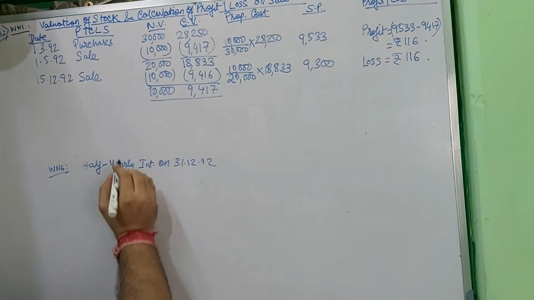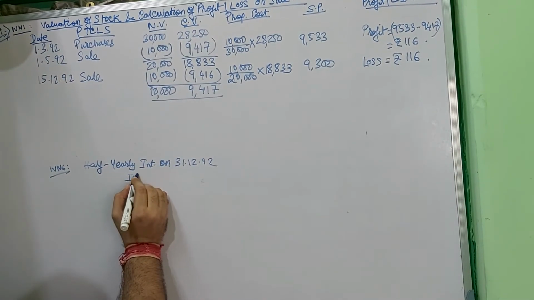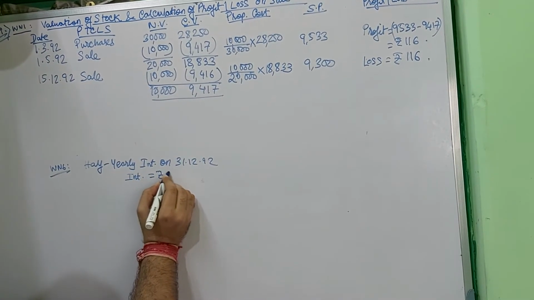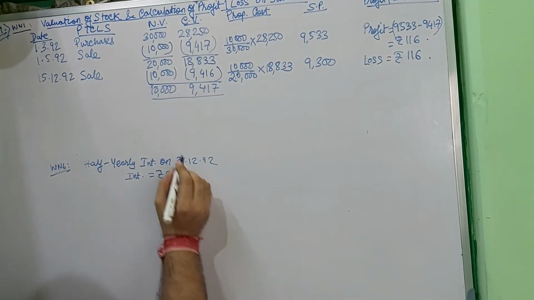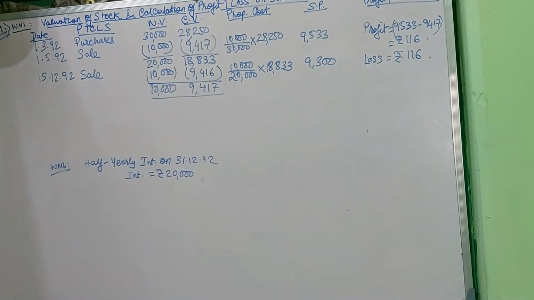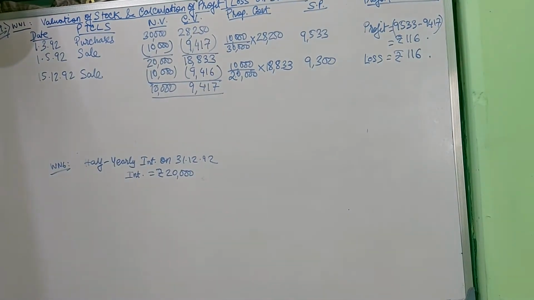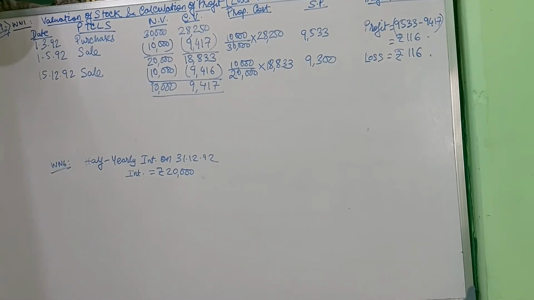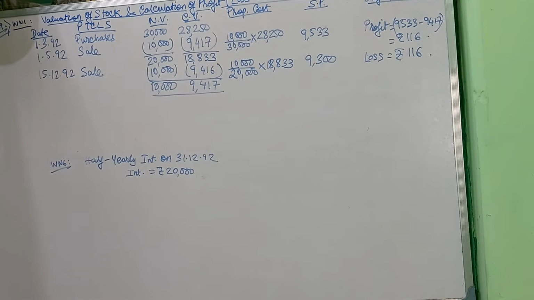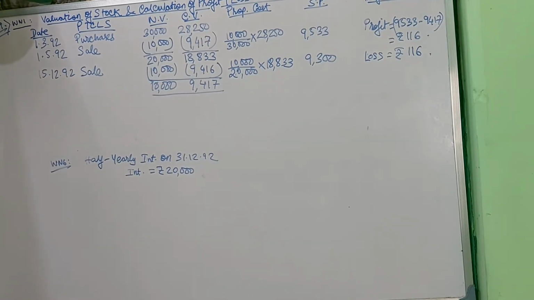Interest should be paid on nominal value, which is rupees 20,000, and not on 10,000, because the books close on 31st December, and 10,000 is the value which remains on 15th of December.